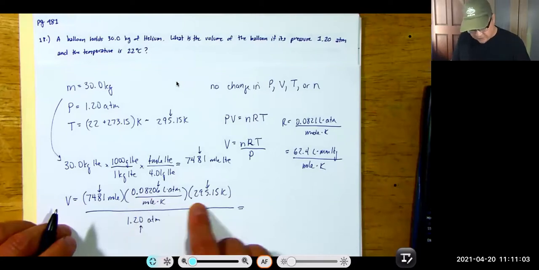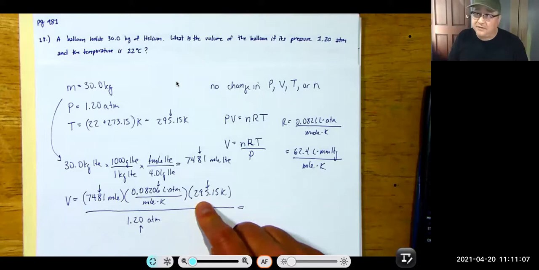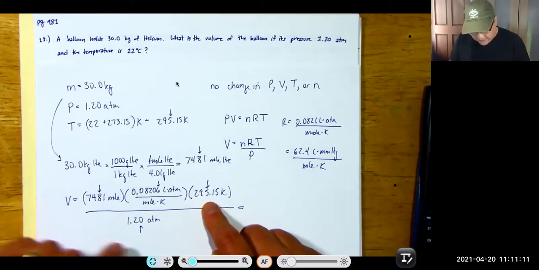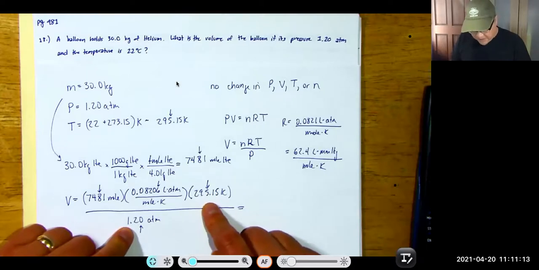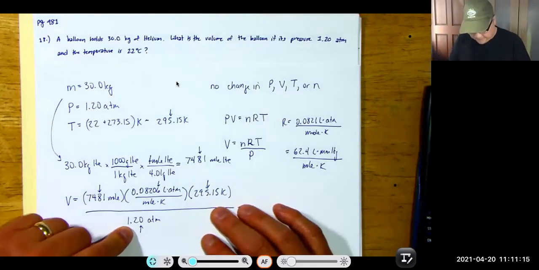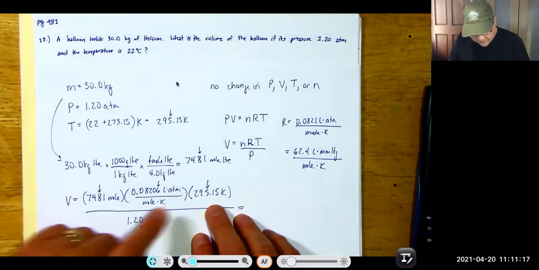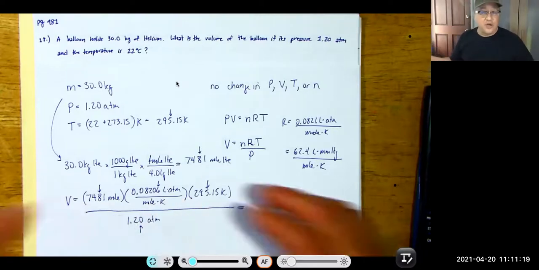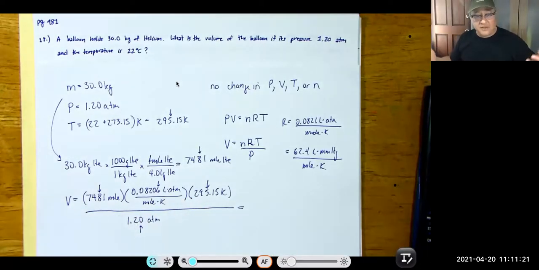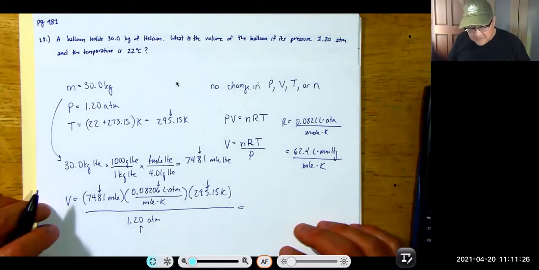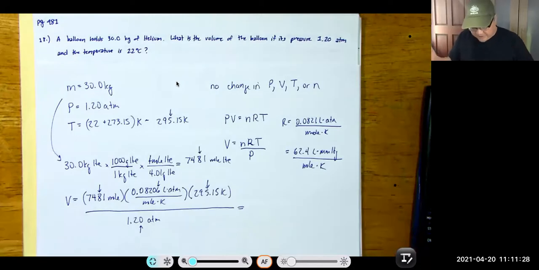So what's 1/10 of 295? 1/10 of 300. 1/10 of 300 is what, 30? Okay. So 30 divided by 1.2 should be around 25 or something like that, maybe a little more. So 25 times this, and I'm going to get a huge number, right? A very large number. And that's just what I have to expect.